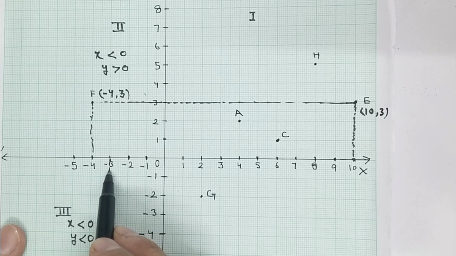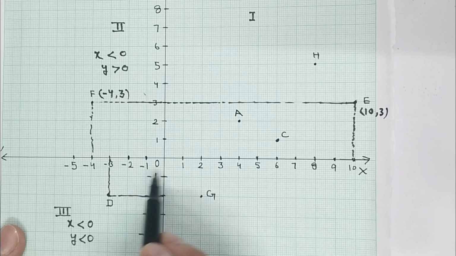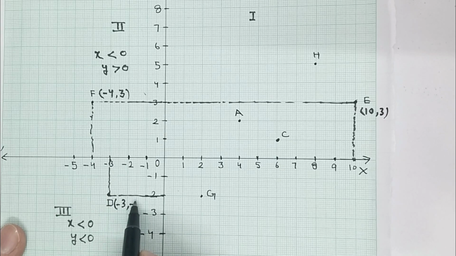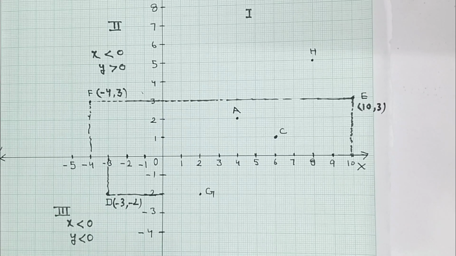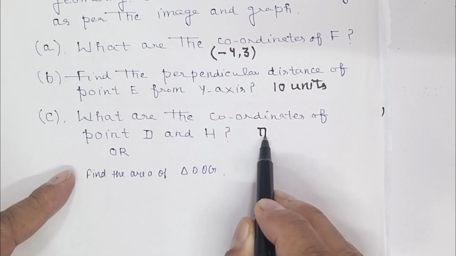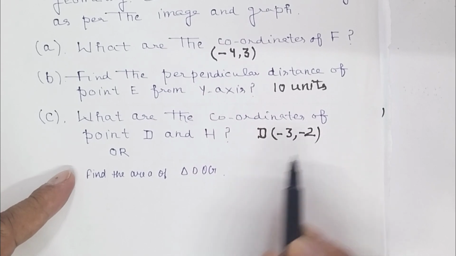So if we join this way, so the distance of this point from y-axis is -3, and from x-axis it is -2. So -3, -2. The coordinates of point D are -3, -2.